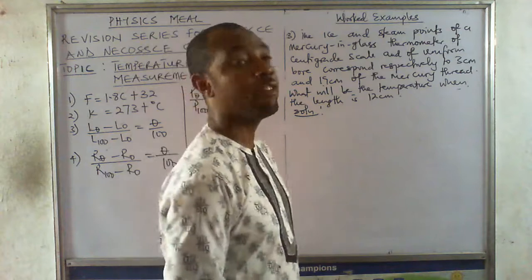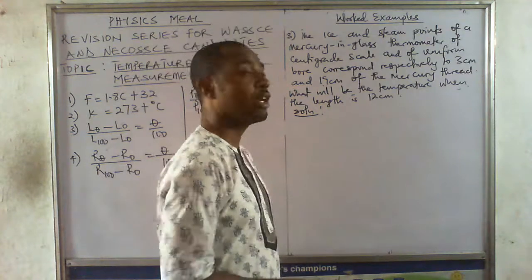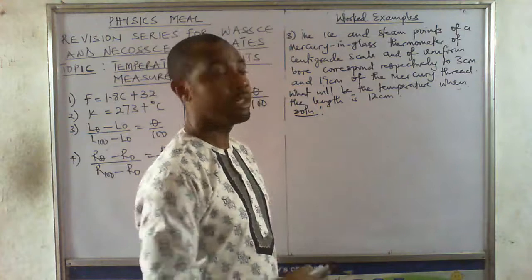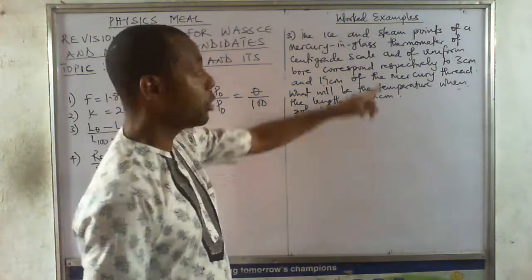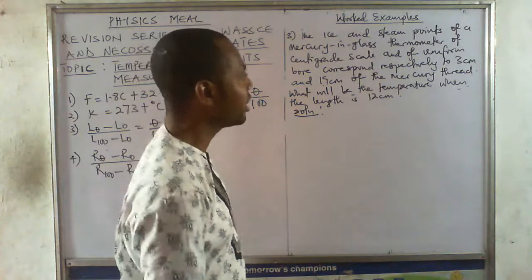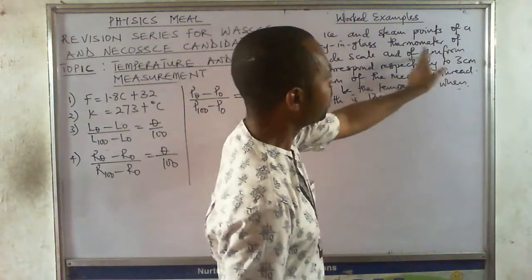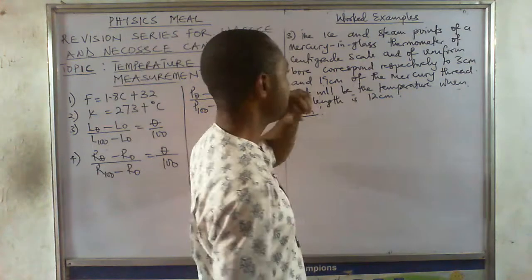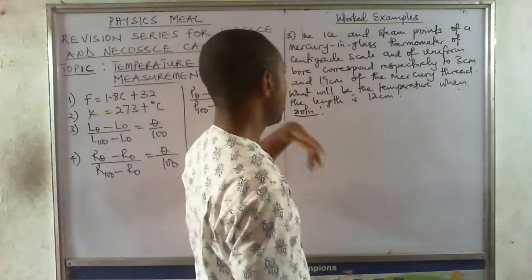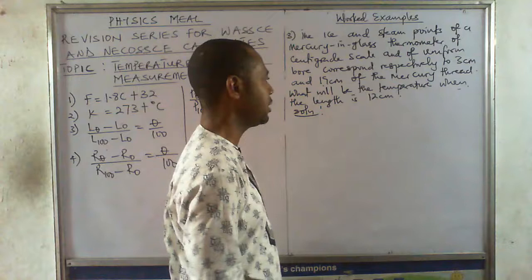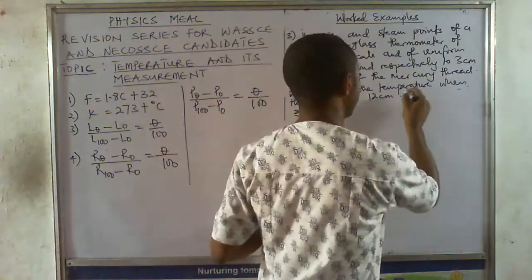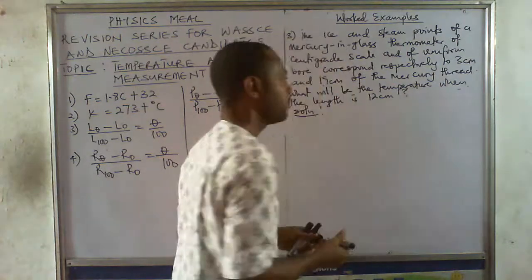So, respectively to 3 cm and 19 cm of the mercury thread. What will be the temperature when the length is 12 cm? Okay?